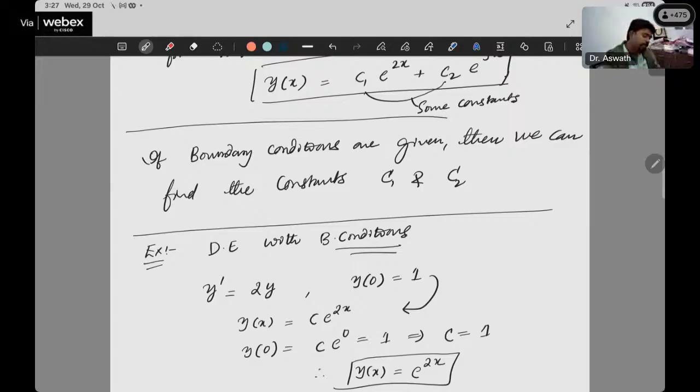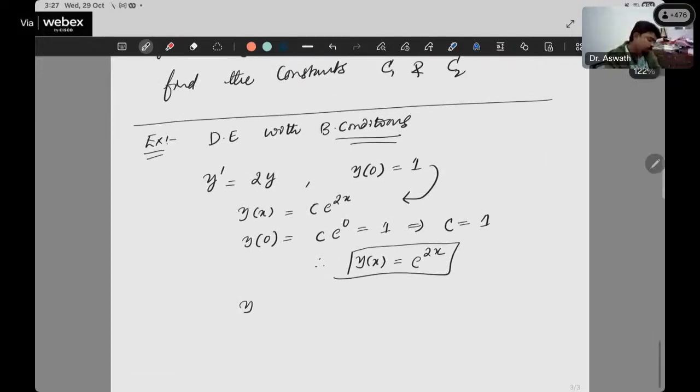Sometimes, let's say some people give, for example, a one-dimensional box where x is equal to L. In that case, the y function is, let's say, some 20. What happens? y of x equal to L is equal to c into exponential 2L is equal to 20. Right?